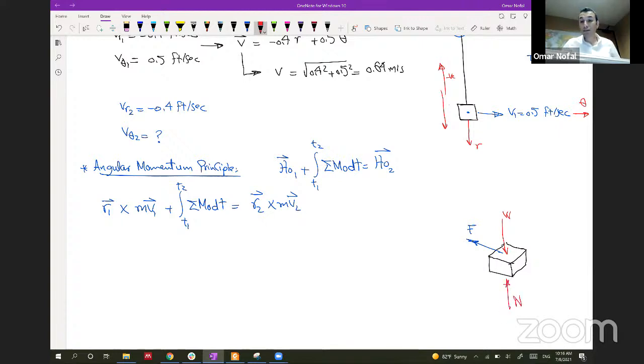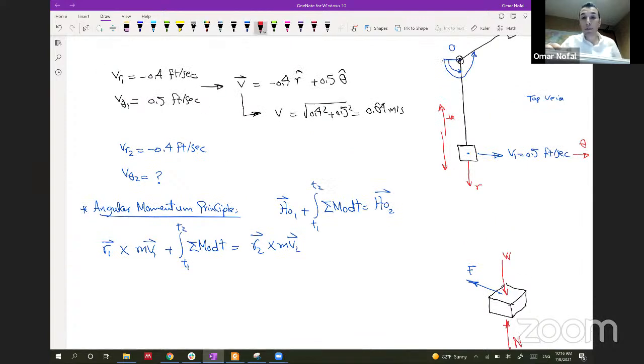And what we need to do is find the moment about point O in the direction of motion. All our system is moving in this plane, and this is the direction of the motion. So we need to get the moment in the direction of the motion, not outside it. The weight and the normal force are not exerting any moment in the direction of the motion, and the force F is passing through O. So the moment done by F will be equal to 0 as well.